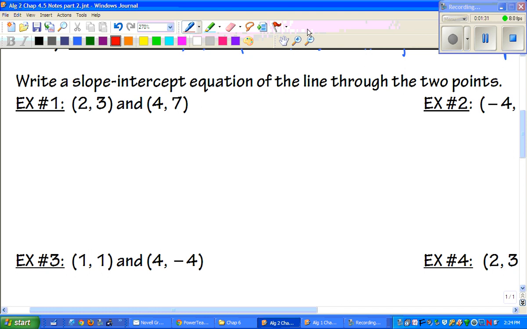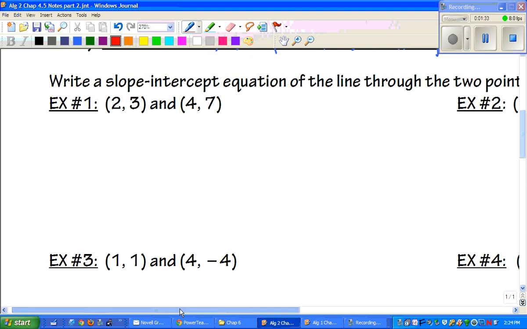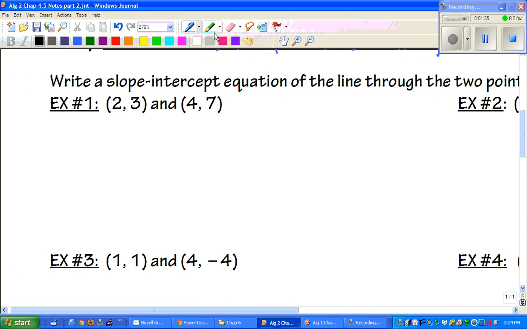Now, if you write big, you might want a separate sheet of paper. I'm zooming in so I can write small on these and it won't make a difference. So, first thing we got to do is to find the slope. Remember that the y's go on top and the x's go on the bottom.